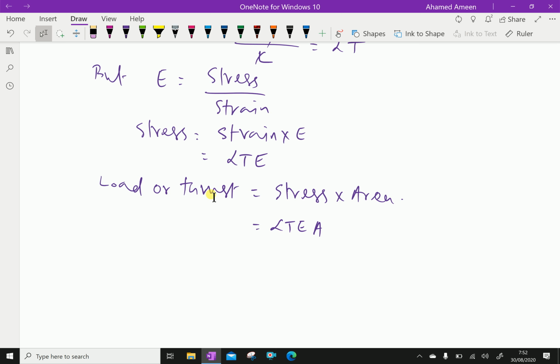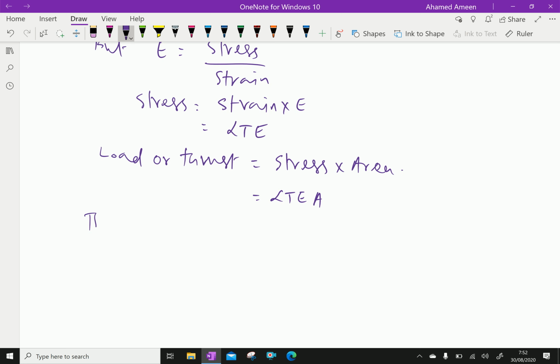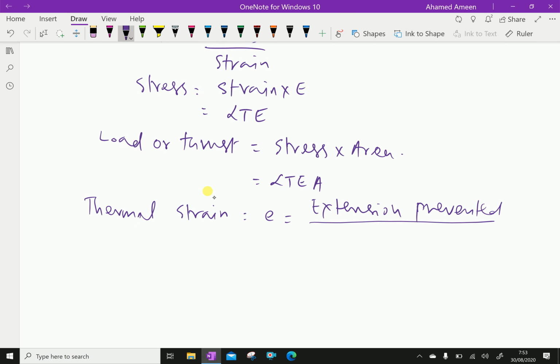Let us do thermal stress. First we'll do thermal strain. For thermal strain, we'll write the symbol small e: extension prevented over original length.